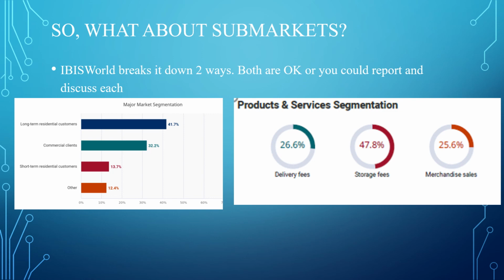The other way they break this down is by the products that they offer: they make money with delivery fees, storage fees, and merchandise fees. And once again, if you go back and look at the pre-pandemic numbers, you would find that these percentages, in both cases, change rather dramatically compared to this 2020 data, which is pandemic year data.